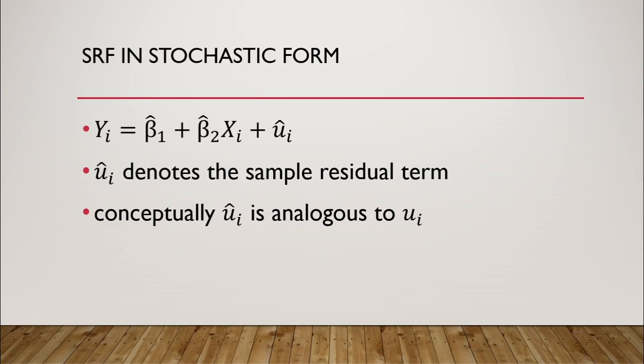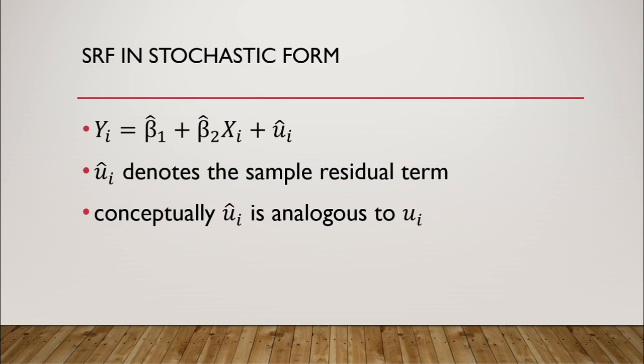So yi is equal to beta 1 hat plus beta 2 hat xi plus ui hat, where ui hat denotes the sample residual term. In the case of the population regression function also, we converted it into stochastic form by introducing the random term u.